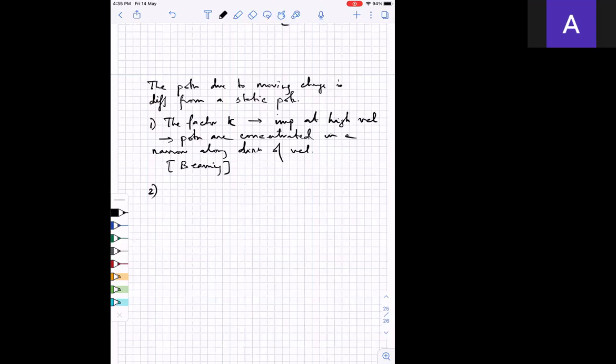So the other thing that is different, of course, is that everything is calculated at the retarded time. And that makes a big difference in the answer.